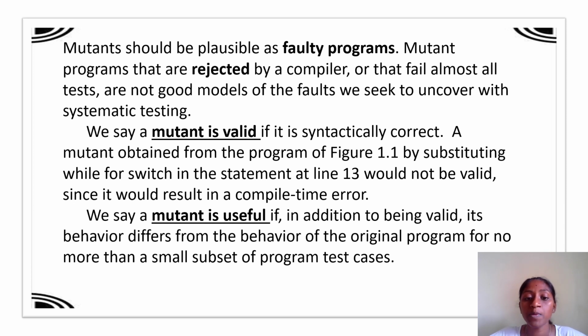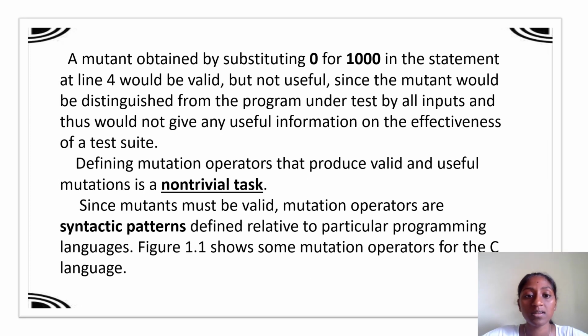We say a mutant is useful if, in addition to being valid, its behavior differs from the behavior of the original program for no more than a small subset of program test cases. A mutant obtained by substituting 0 for 1000 in the statement at line 4 would be valid but not useful, since the mutant would be distinguished from the program under test by all inputs and thus would not give any useful information on the effectiveness of a test suite.